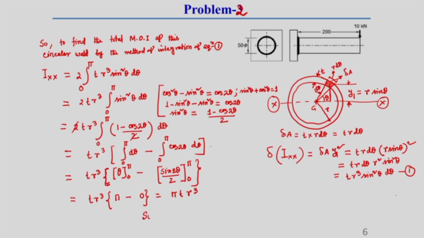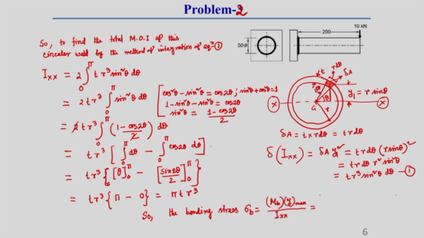So, the bending stress sigma b will be equal to Mb times y maximum, the perpendicular distance between the x axis and this weld, I have already shown you what this y max is, divided by Ixx.